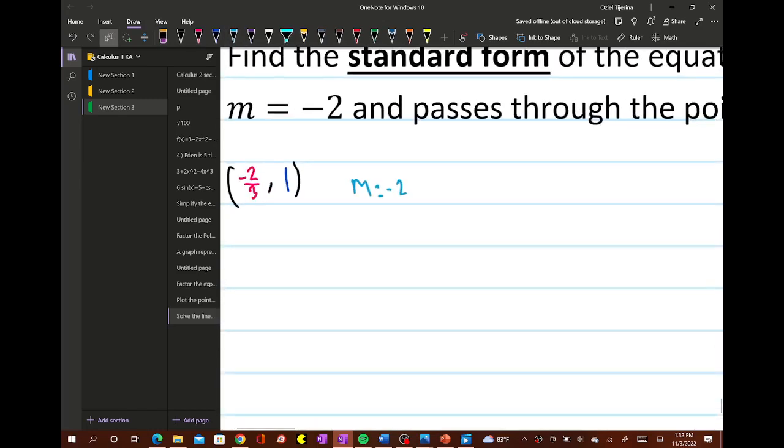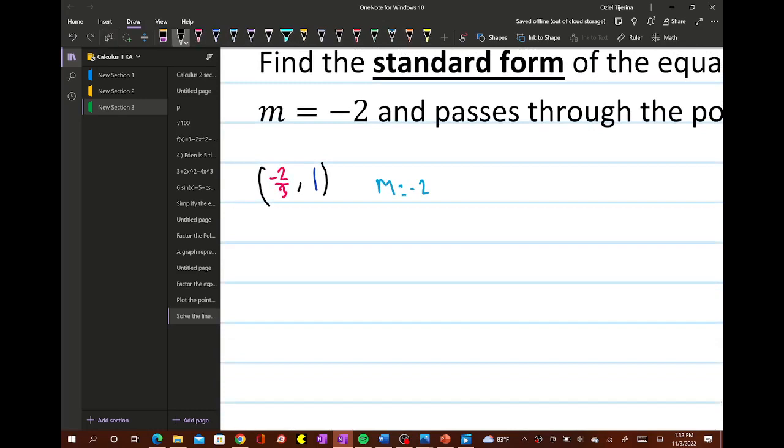Like I said, slope-intercept form. And if you don't know what that is, guys, I will post a little lesson on how to do slope-intercept form in the last video.